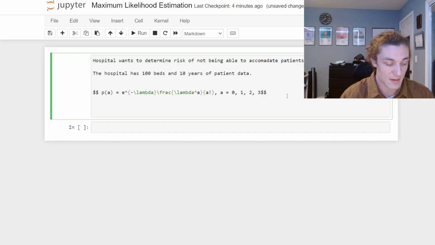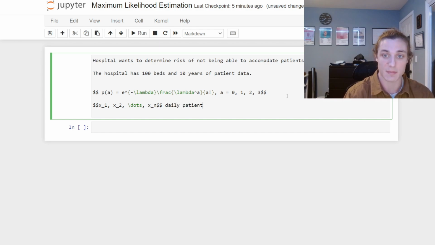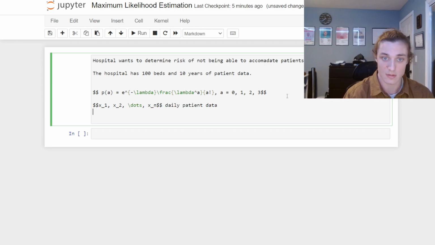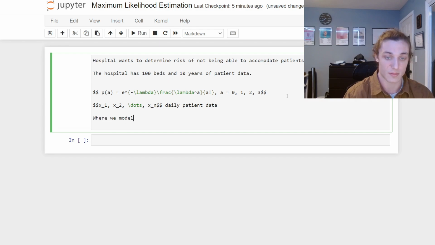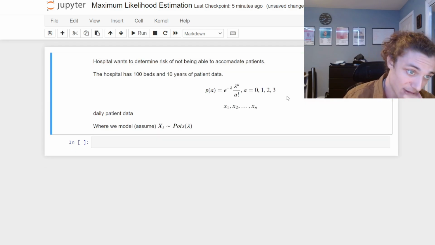So we would say that we have x sub 1, x sub 2, all the way through x sub n, daily patient data, where we model, or we assume, that x sub i, so this is the random variable X, follows a Poisson distribution with parameter lambda. Okay?